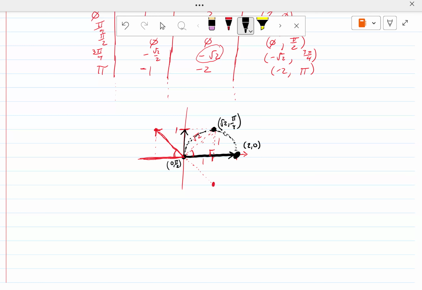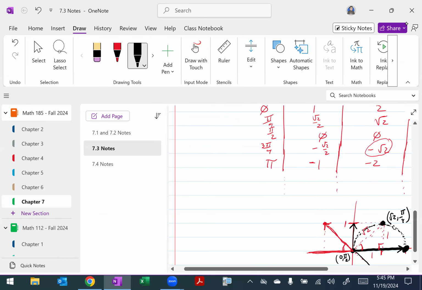I don't know why it's not liking the annotation. Let me see.